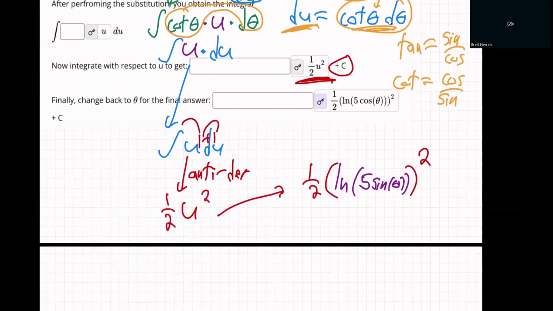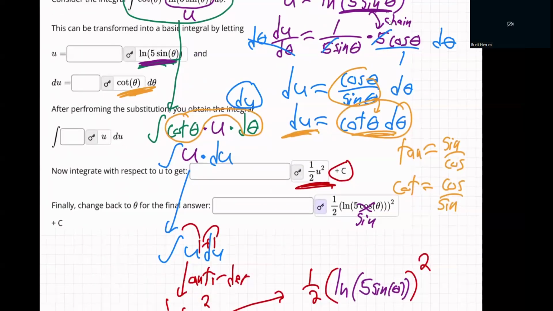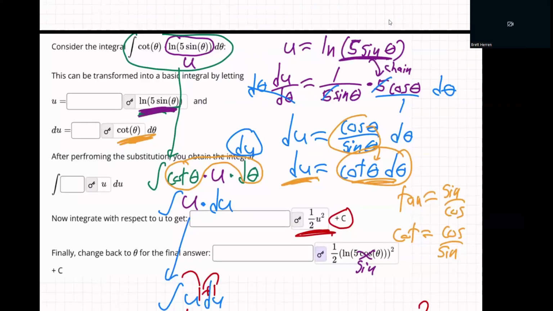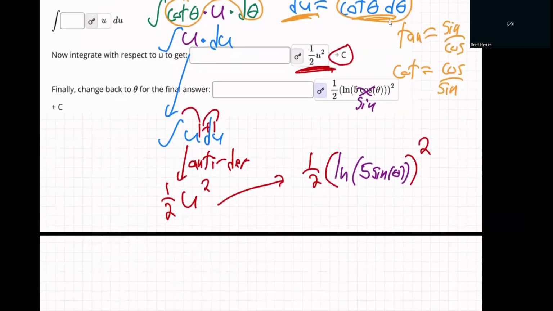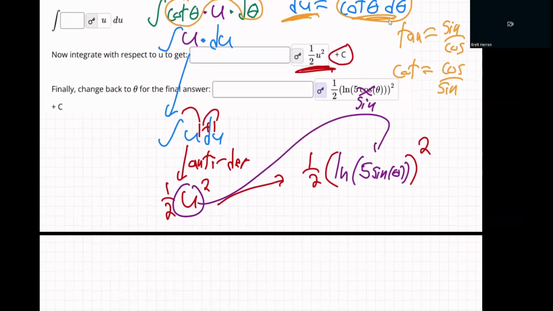Oh, I guess I have to fix that answer. Yeah, it should be ln 5 sine theta, because the u was ln 5 sine theta from the beginning. And there we go. They have the plus a constant already there for us.